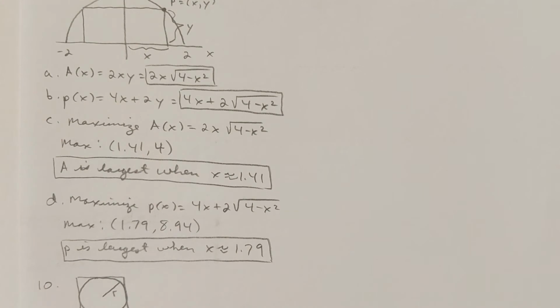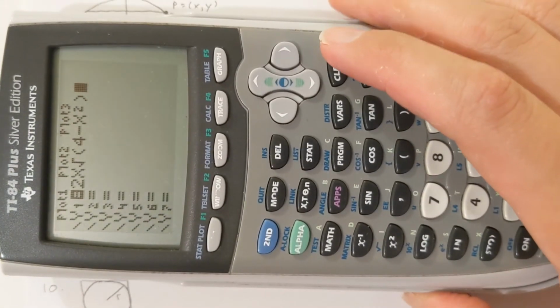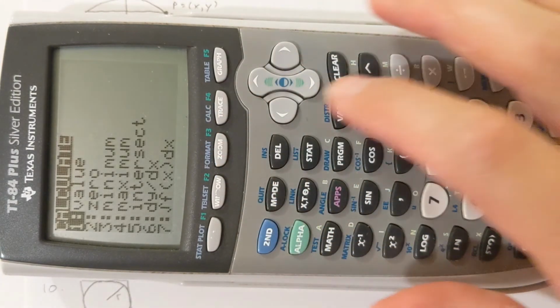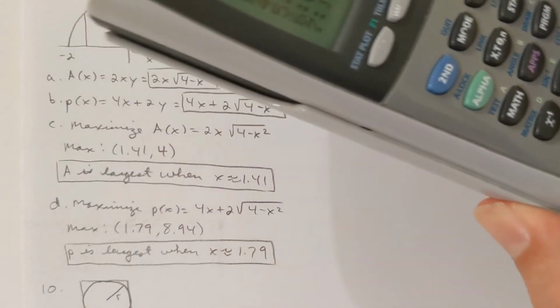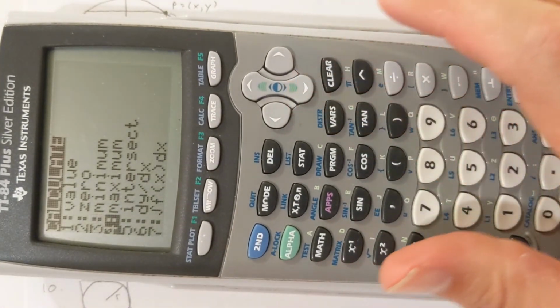The area A as a function of x is given by 2x times the square root of 4 minus x squared. Okay, and I've got that already entered. And so if I hit second trace, I want to find the maximum area.